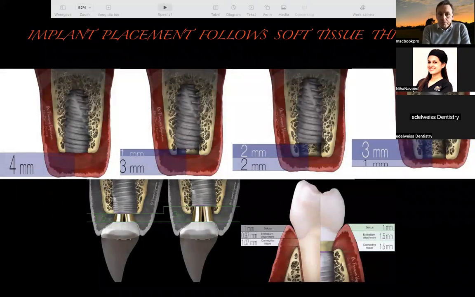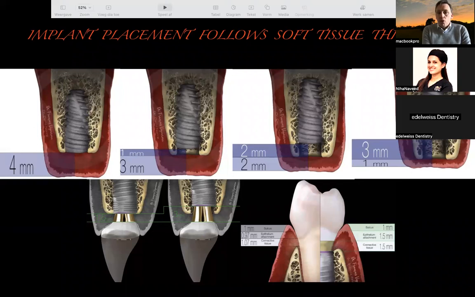You see it here. The idea is that your implant placement follows your soft tissue thickness. The simple idea is that you need at least 3 or 4 millimeters from the level of the implant to the thickness of the gum. If your implant is placed equal with the bone, then you need at least 4 millimeters of gingival height.